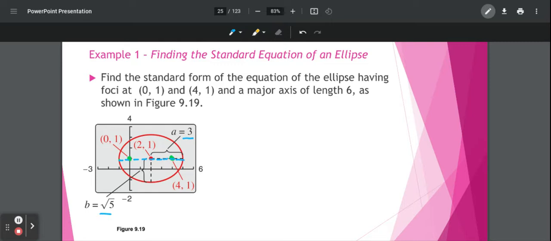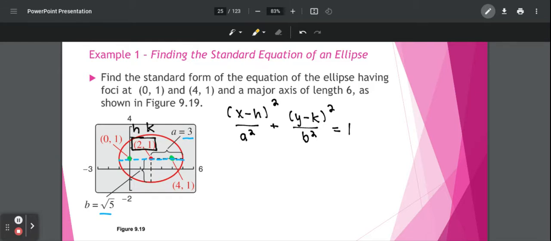So let's first start just by writing out that standard equation for a horizontal ellipse. So we'll have our (x minus h) squared, and it's horizontal, so over a squared, plus (y minus k) squared over b squared equals 1. We know that the center is at (2, 1), so that's your h and your k.